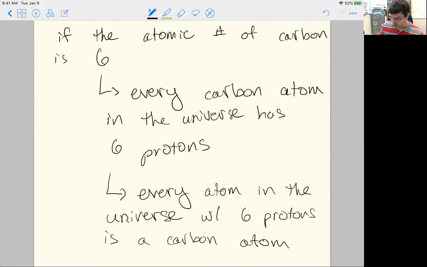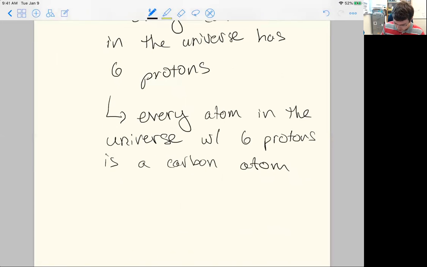So for example, there are some radioactive processes where you can change it. Let's go ahead and just consider nitrogen.